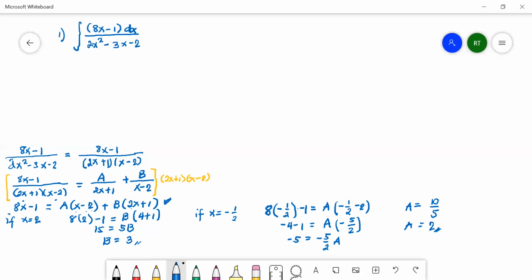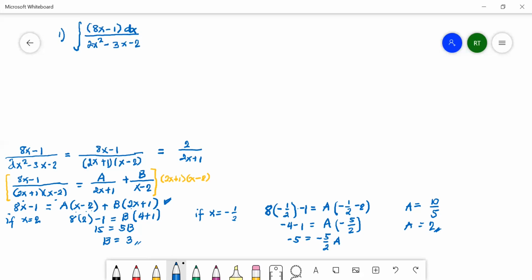Hence, we can now say that 8x minus 1 over 2x plus 1, x minus 2 can be decomposed into a sum of partial fractions: a over 2x plus 1, but since a is equal to 2, then we have 2 over 2x plus 1.